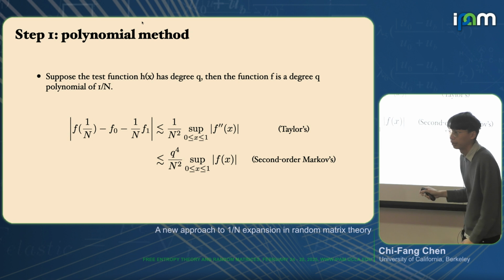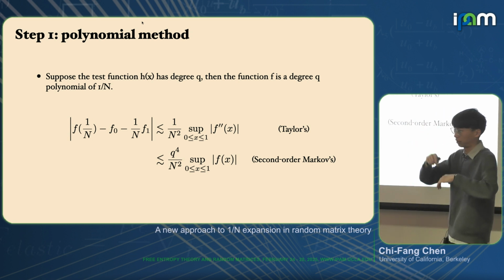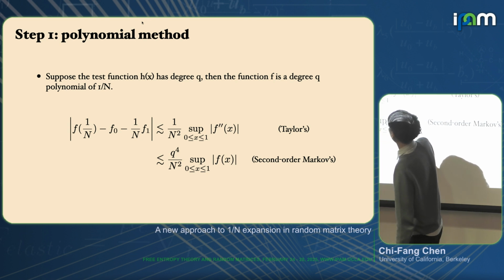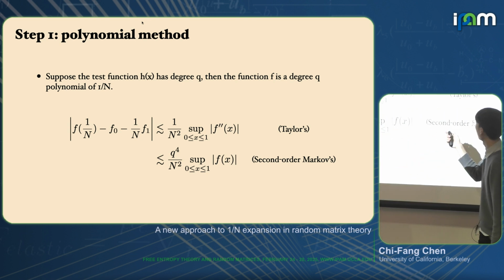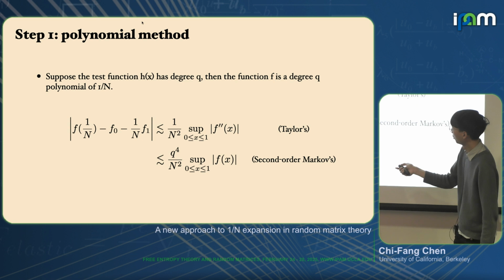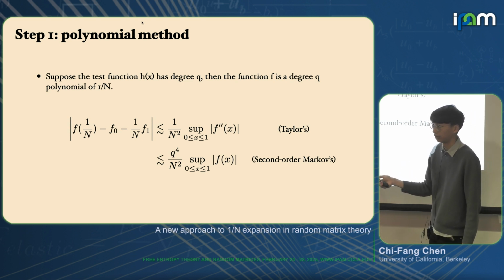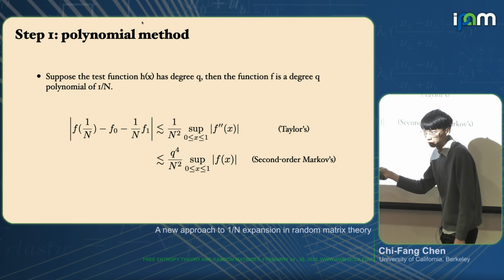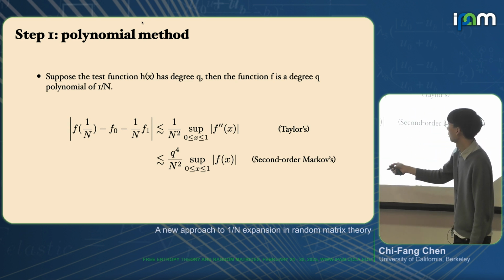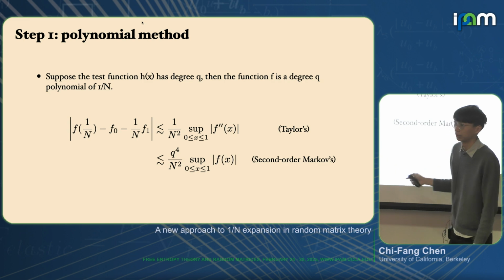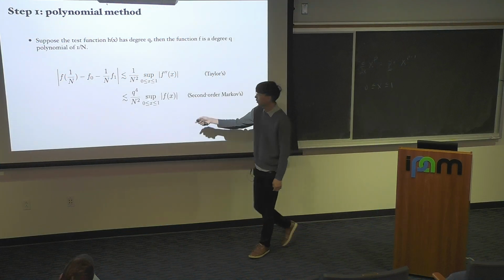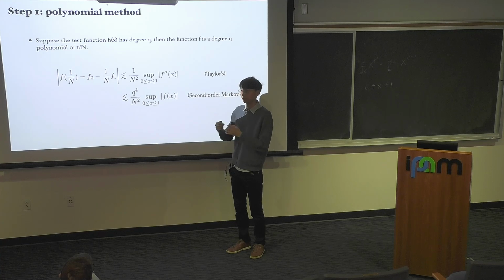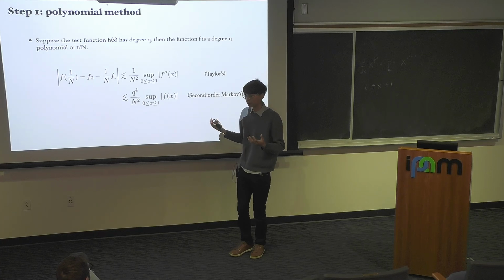Suppose it's really a polynomial, not like this bump, just some fixed polynomial. Then again, this calculus and then Markov give you such a bound. It allows you to control the 1 over n expansion to second order, given the function is bounded. Here we're really using the fact that the thing you're trying to do is a test function applied to a matrix, so that thing just couldn't be too large.